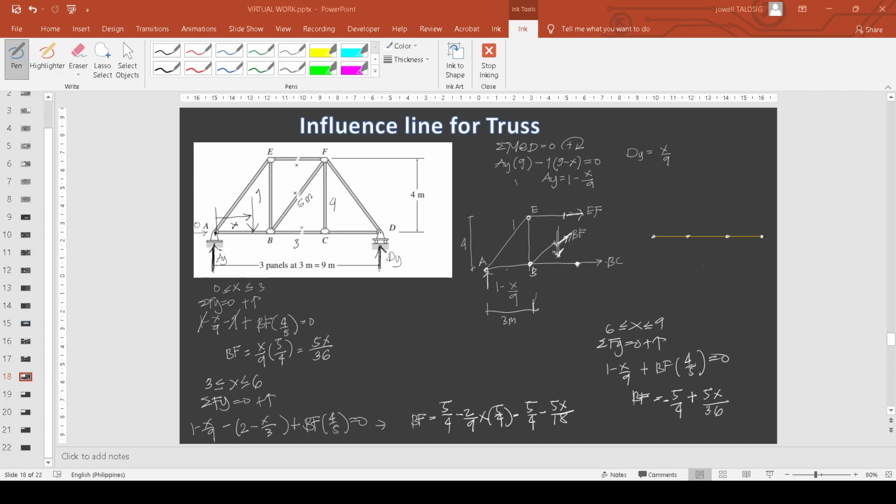So 3 over 9 times 5 over 4, 5 over 12, okay? So our value here is 5 over 12.